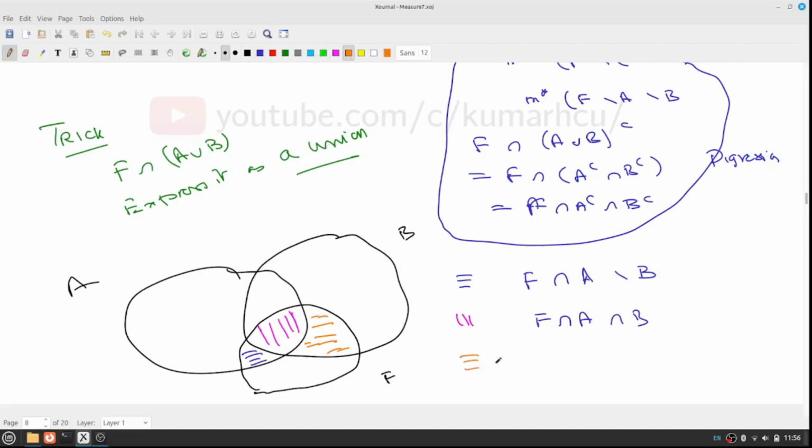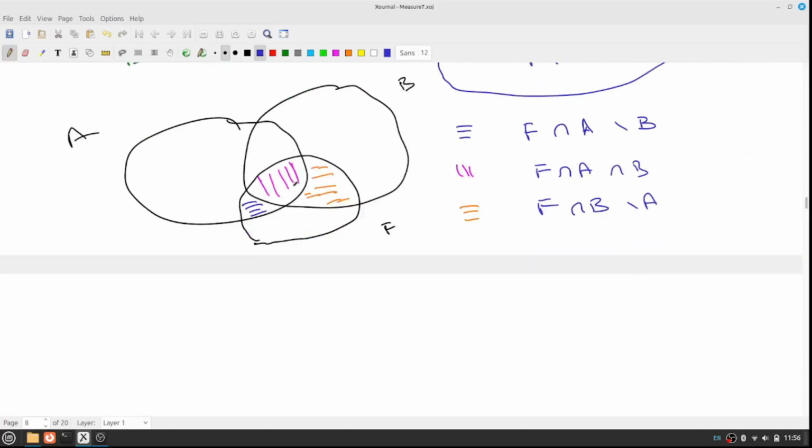And the third one is very clear to you, I'm sure. What is the third one? The third one is F intersect with B, but throw away the A part. When I intersect with B, I get all these things, but I'm throwing away what is also in A. Therefore, it is F intersection B minus A. Do you understand this? Therefore, what I have done is the following.